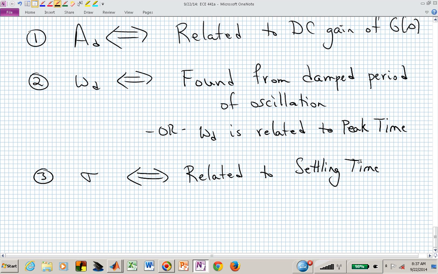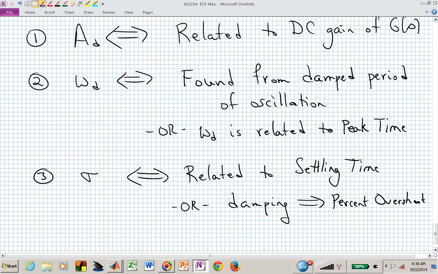Because the nonlinear properties of the system will probably overtake the ideal second order response, we're going to maybe try to measure the damping. And we can do that by looking at the percent overshoot.